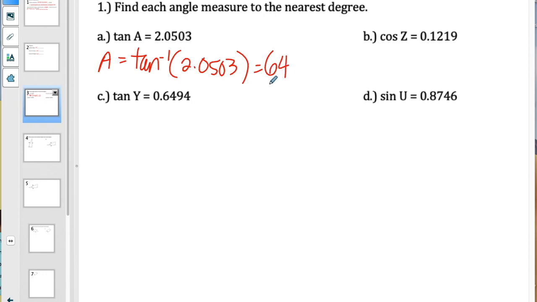Then on B, to get Z by itself, you would type in your calculator cosine inverse of this 0.1219. And we're approximately getting, to the nearest whole degree, approximately 83 degrees.